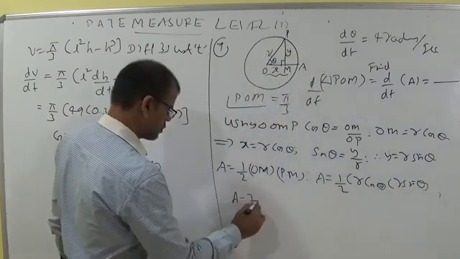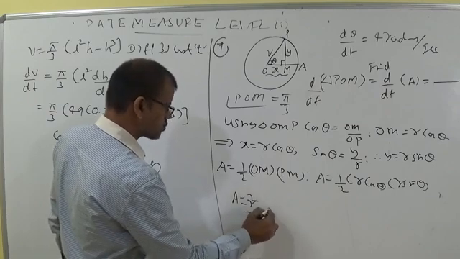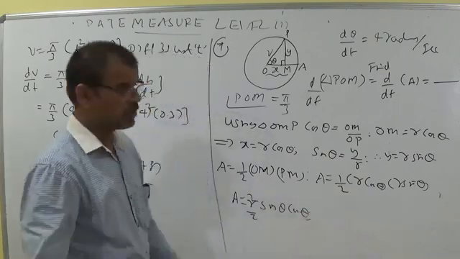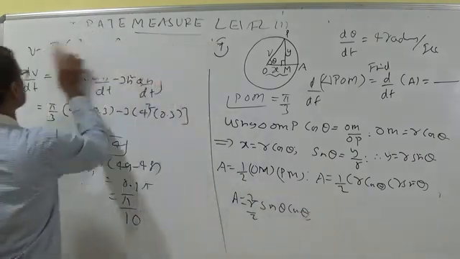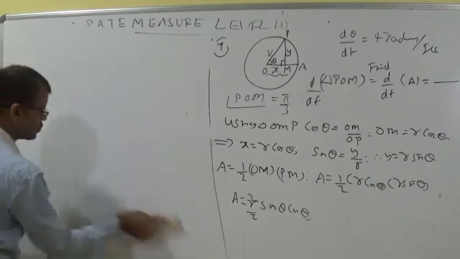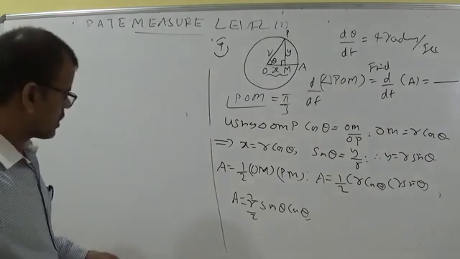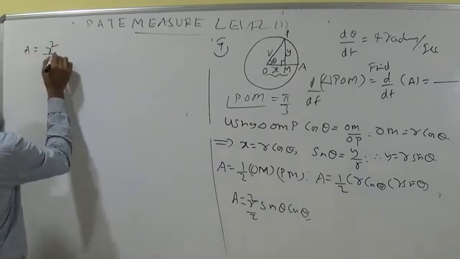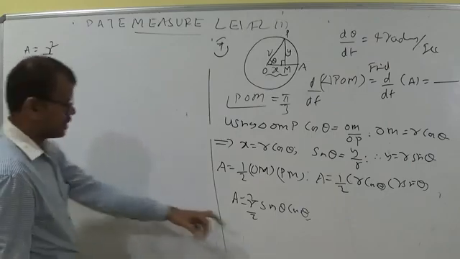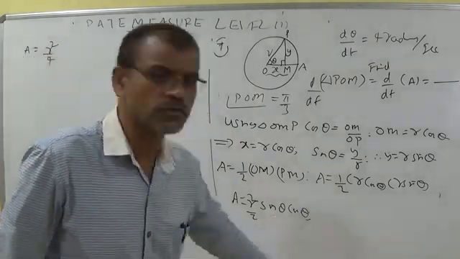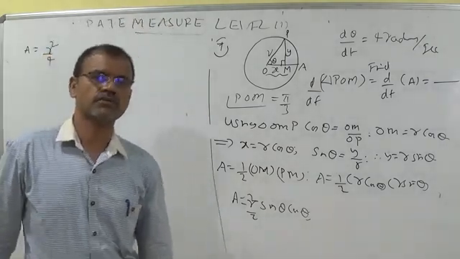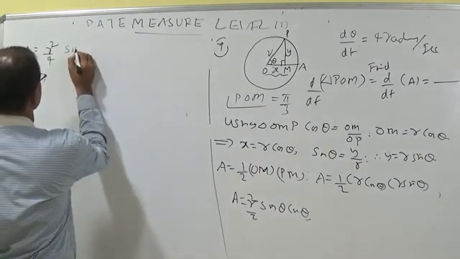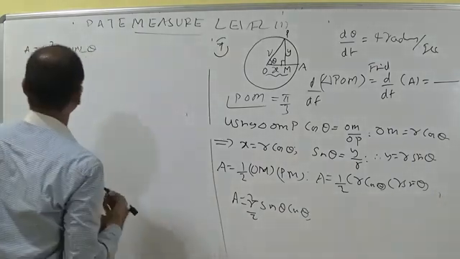So A is equal to R square by 2 into sin theta cos theta. Next step, multiply and divide with 2. Then A is equal to R square by 4 into 2 sin theta cos theta. The formula of 2 sin theta cos theta is sin 2 theta. So you write here R square by 4 into sin 2 theta.